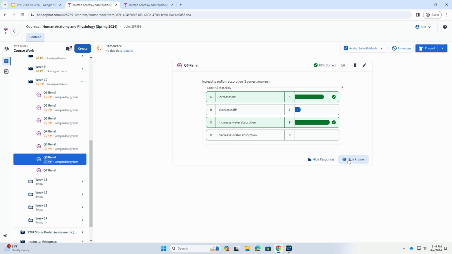So, increasing sodium, then sodium retention or reabsorption increases water retention, which increases blood pressure.